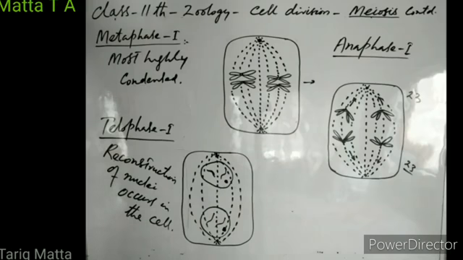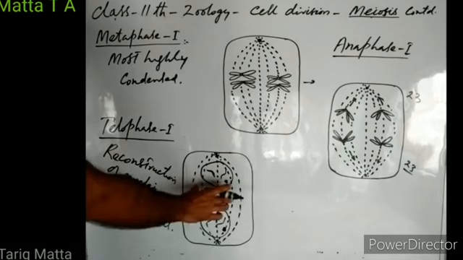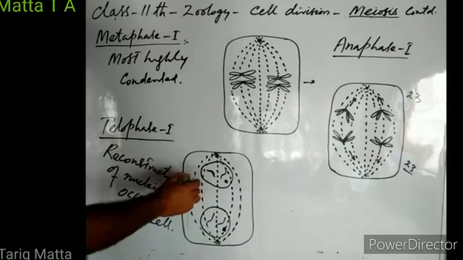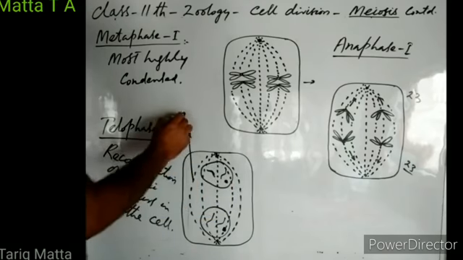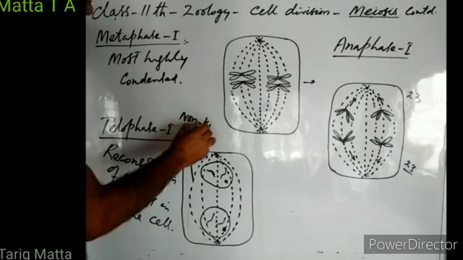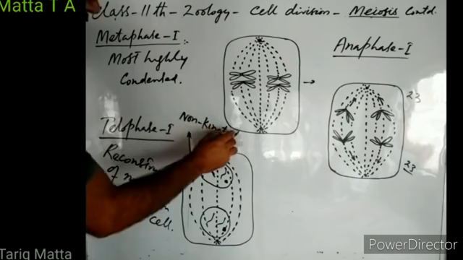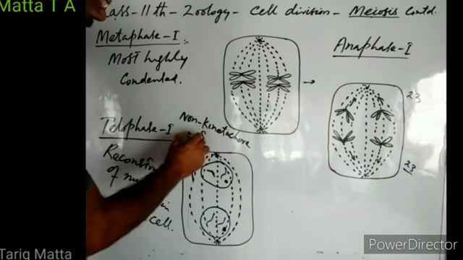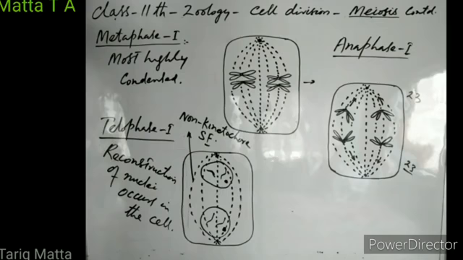Kinetochore spindle fibers disappear. However, non-kinetochore spindle fibers are still there, right? So in telophase I, the reconstruction of the nuclei occurs at the two opposite poles of the cell.